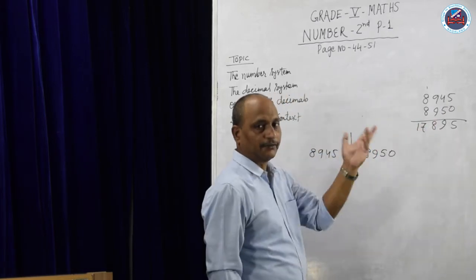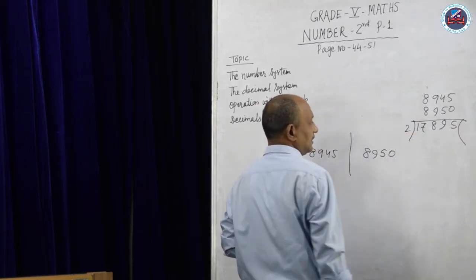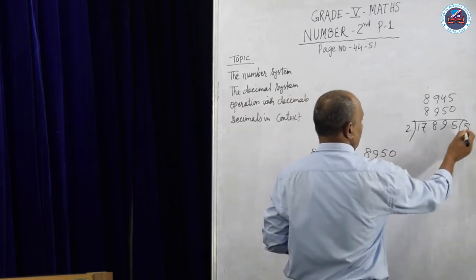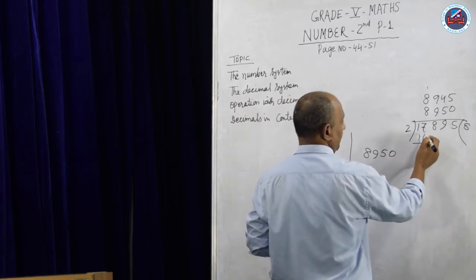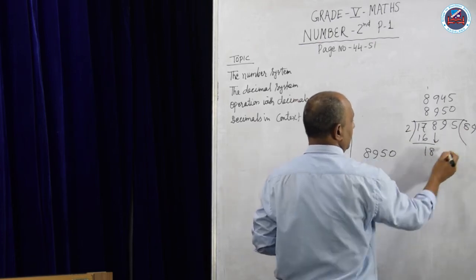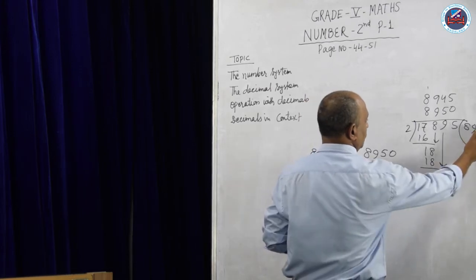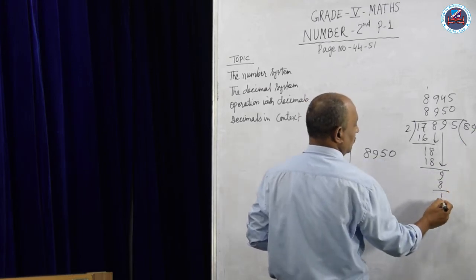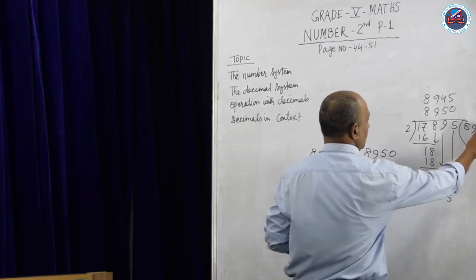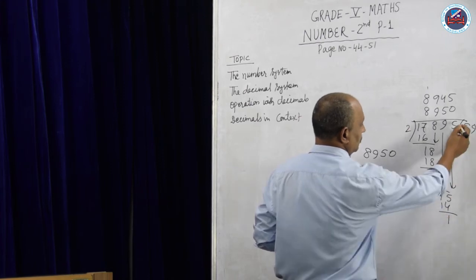Now this number is divided by 2. Why? We have to make it exactly into 2 halves. 2 8s are 16, 7 minus 6 is 1, this 8 is coming, 2 9s are 18, 9 is coming, 2 4s are 8, 1 is coming, this 5 is brought down here, 2 7s are 14, 5 minus 4 is 1, no number.